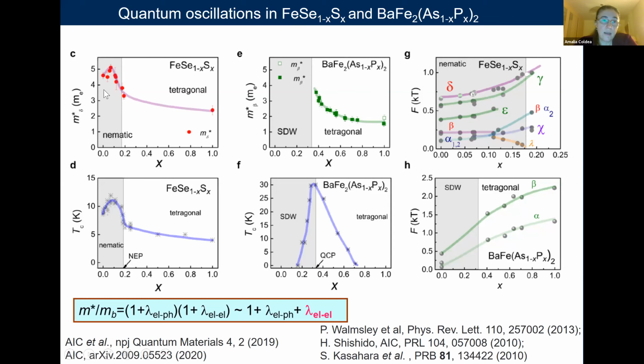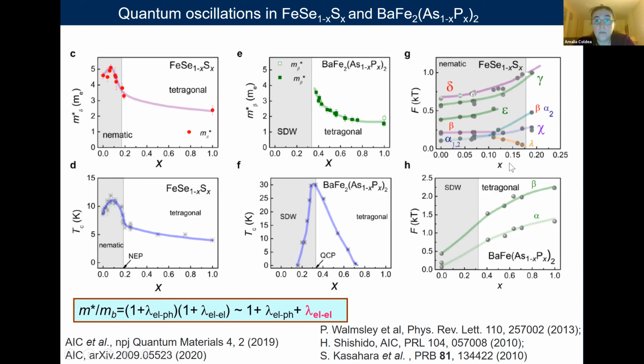So you can see here that there is a clear correlation between Tc and effective masses, but it's inside the nematic phase, where we know spin fluctuations might be stronger. And one more point to think about is that these correlations not only affect the quasi-particle masses, but also affect the sizes of the Fermi surfaces.